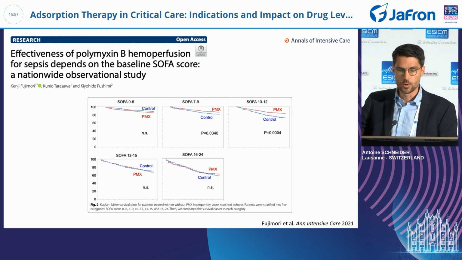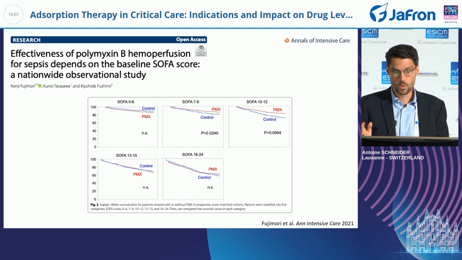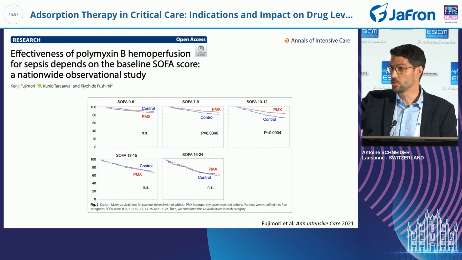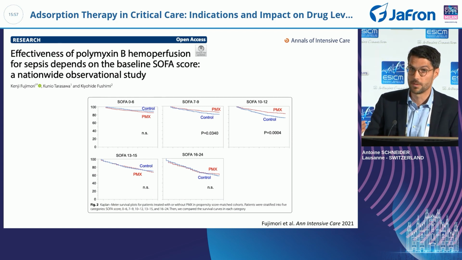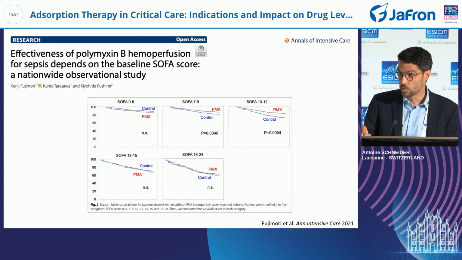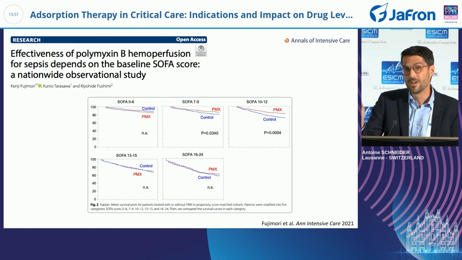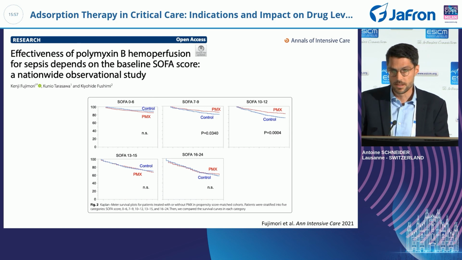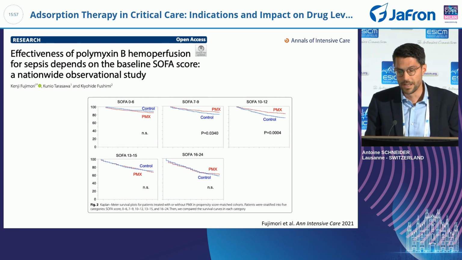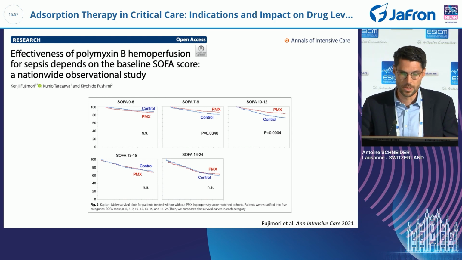And as you see, those patients that had a very low SOFA score between 0 and 6, as well as those that had a very high SOFA score between 13 and 24, they did not benefit from the hemoadsorption, while those that had an intermediate, so not too sick, but sick enough, these ones appeared, based on this retrospective data, to benefit from the hemoadsorption.